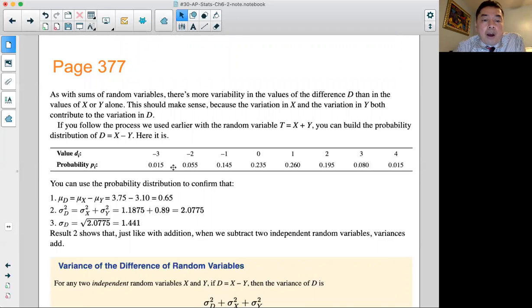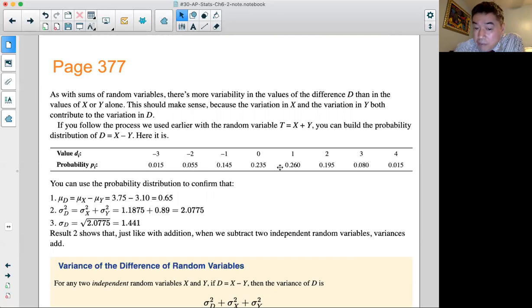Now, what is the expected value, which is the mean of the difference? I told you, simply subtract, which is 0.65. Okay, how do you get the variance? Negative 3 minus 0.65, squared, and you multiply by the probability, plus negative 2 minus 0.65, squared, times its probability.